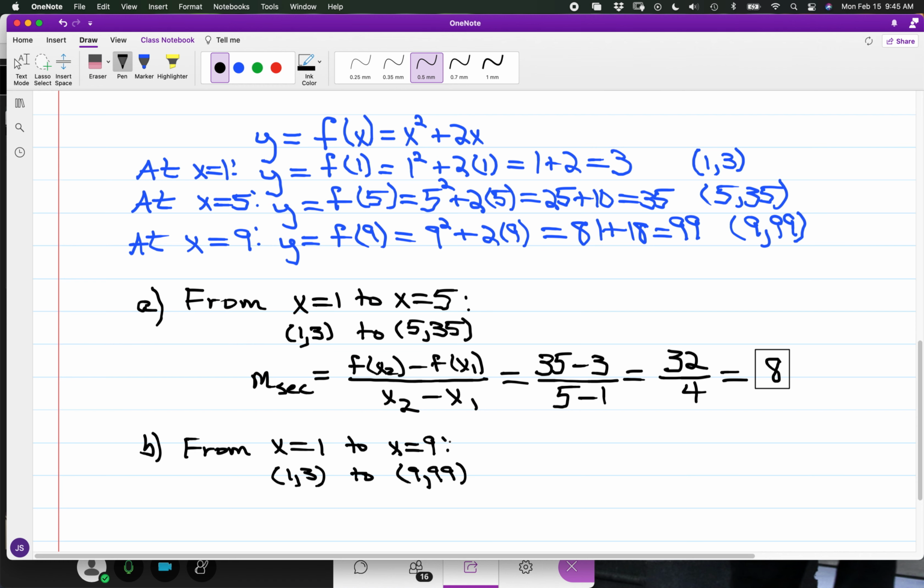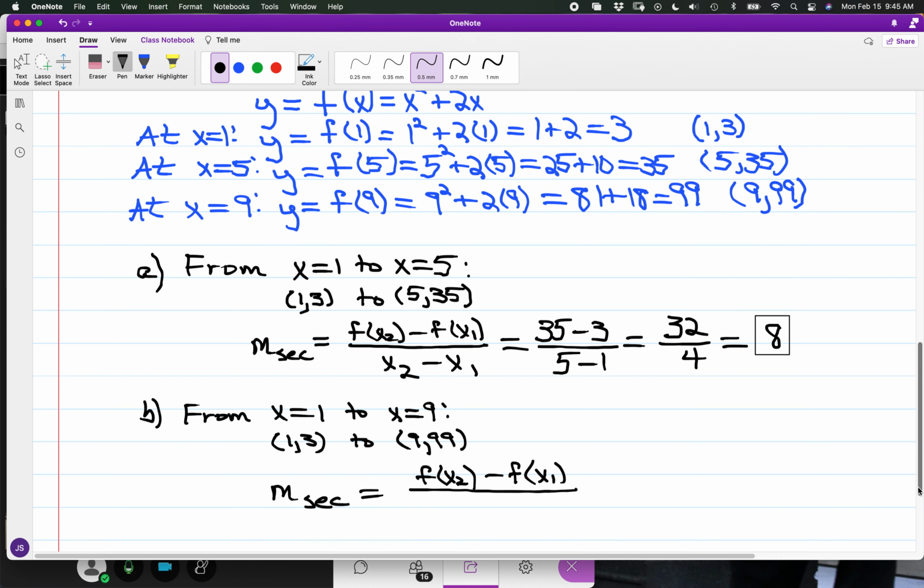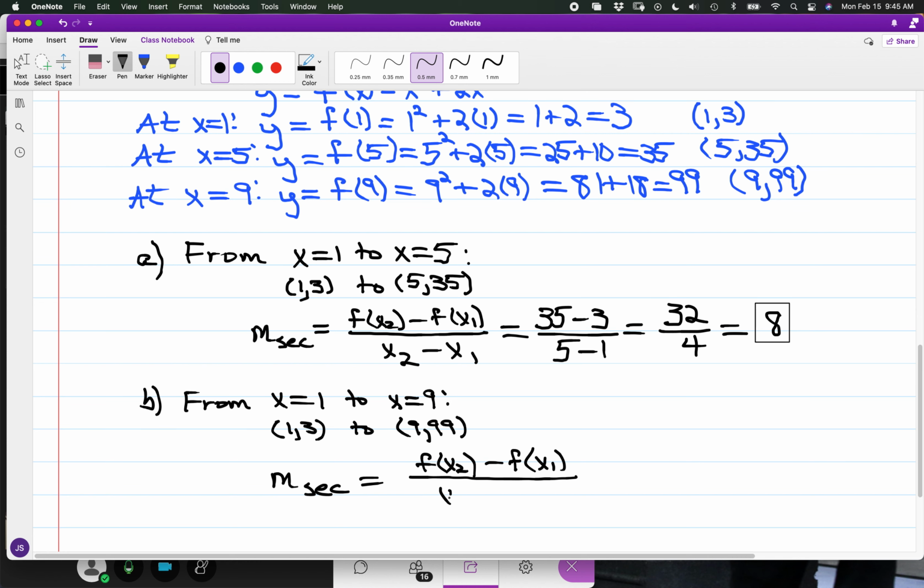For the slope of that secant line, you still have the same formula, but a different second set of x and y terms. We still have the same first set of x and y values since we're starting from 1, 3.